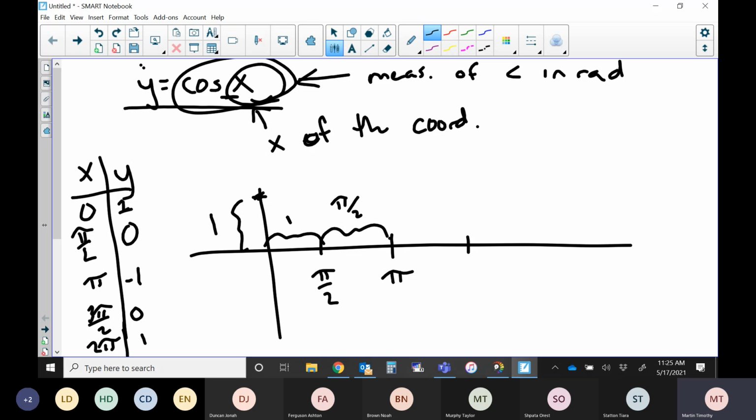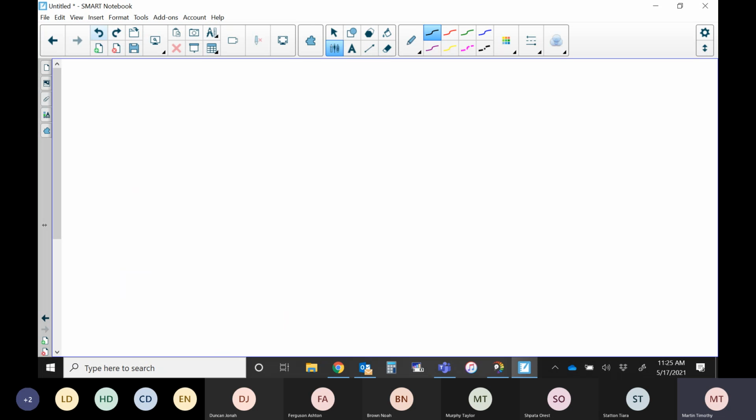Every one of these spaces is worth a pi over 2. That is your increments, what I'm going up by. My increments here are pi over 2. My increments on my Y are going up by 1. That's totally fine for them not to be the same.